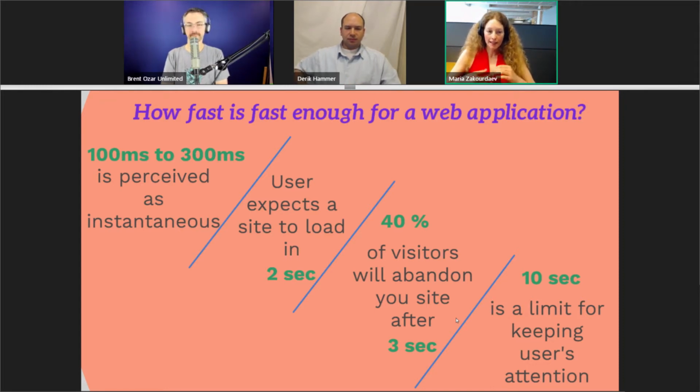Users expect a site to load in only 2 seconds, and 40% of visitors will abandon your company site after 3 seconds. And 10 seconds is about the limit for keeping user attention. This is why I think our data layers play an important part in your web applications and mobile applications, any type of application. This is why I think this topic is very important.